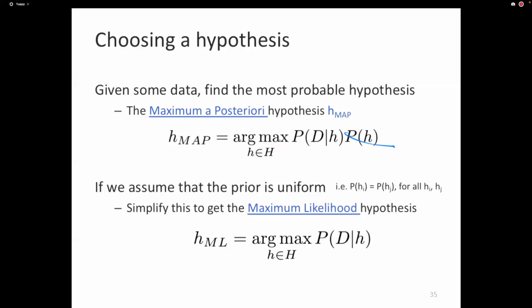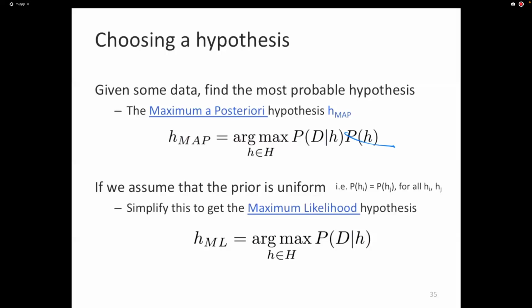Yes. We don't assume the prior is uniform. Like we assume the prior is normal distribution. How is it that this is the maximum likelihood? No, if you assume that the prior is anything but uniform, you're no longer in maximum likelihood. By definition, it is the maximum a posteriori.